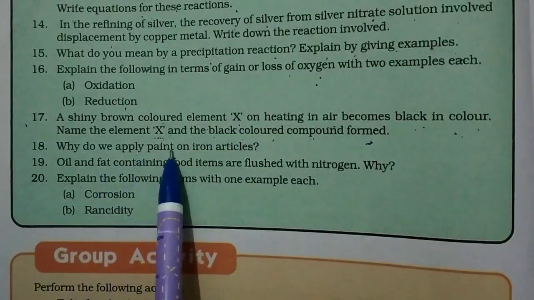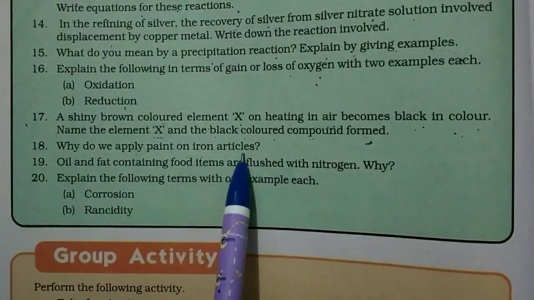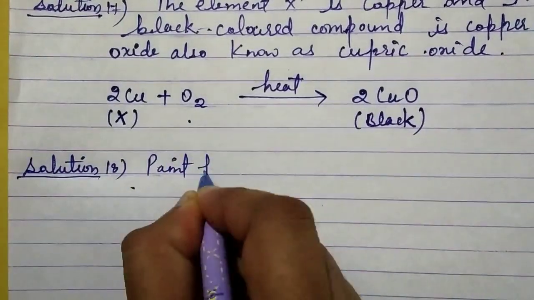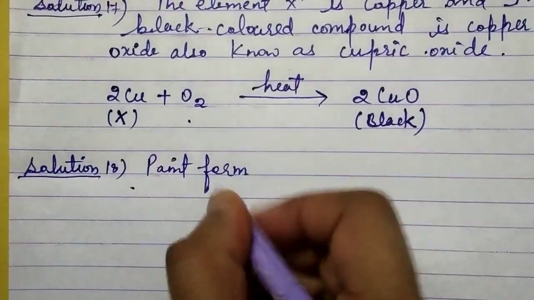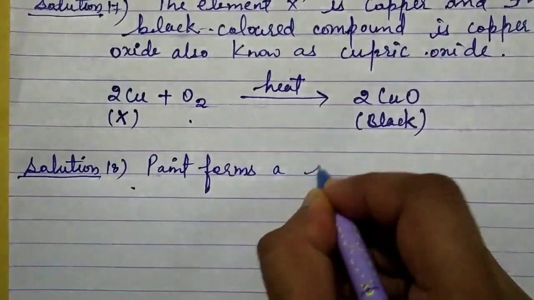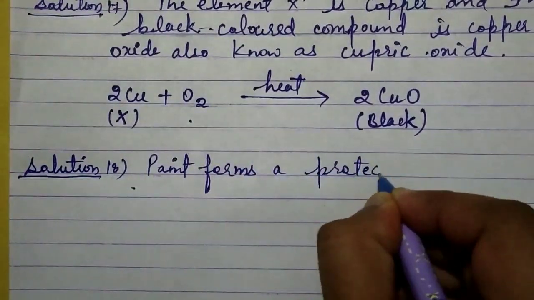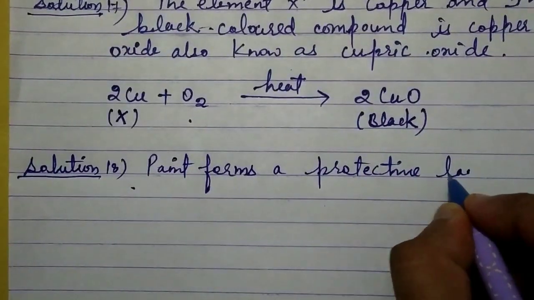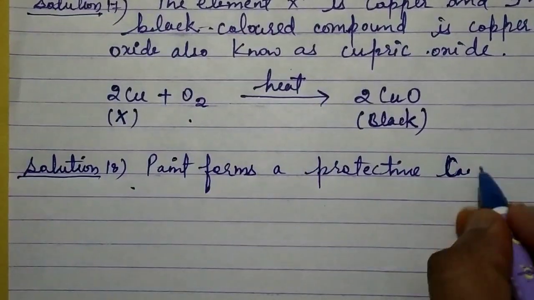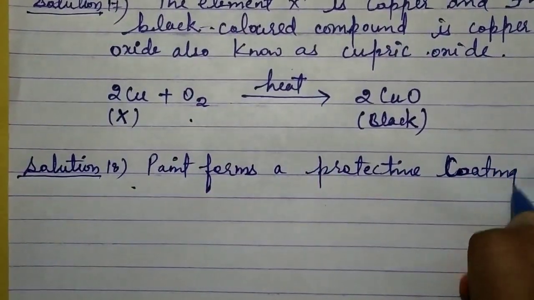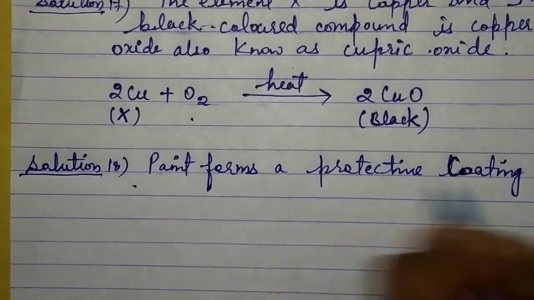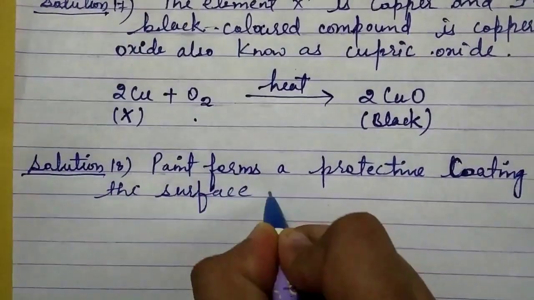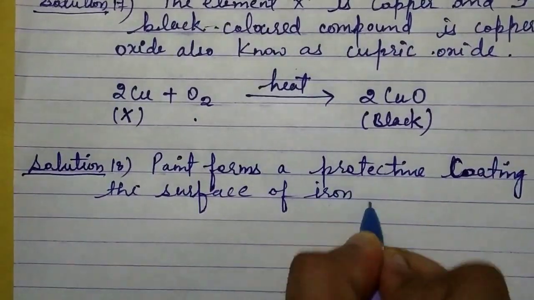Why do we apply paint on iron articles? Paint forms a protective coating on the surface of iron.